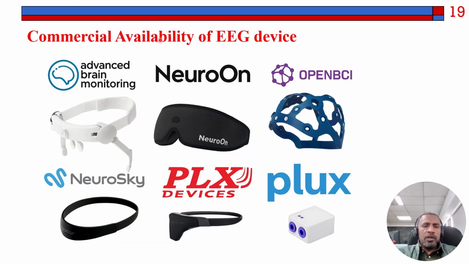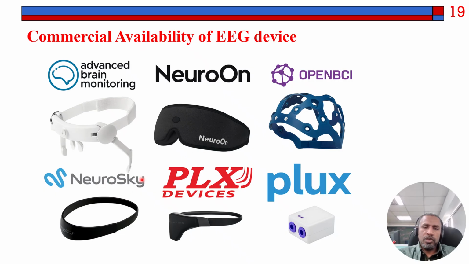Regarding the commercial availability of EEG devices, these are the devices listed here. They are commercially available, especially in the market. They are smart, easily handled, and portable. We can manage them ourselves.